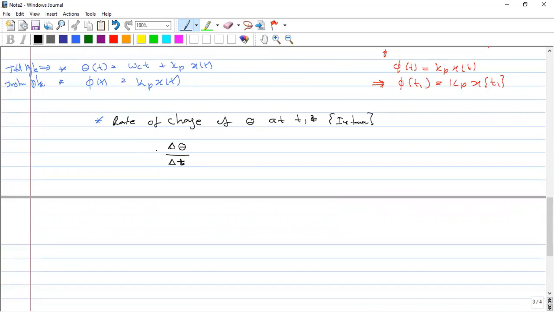So you can find the rate of change like this, okay? Delta theta by delta t. So this is the phase difference, the angle difference, and this is the time difference taken to get this angle difference, okay?